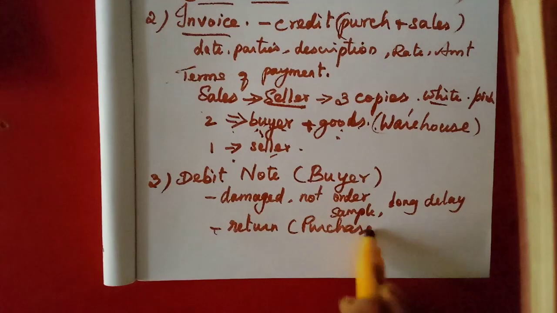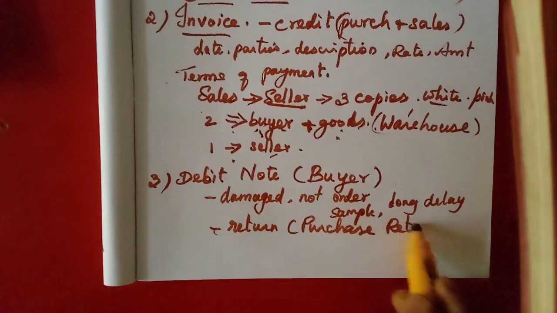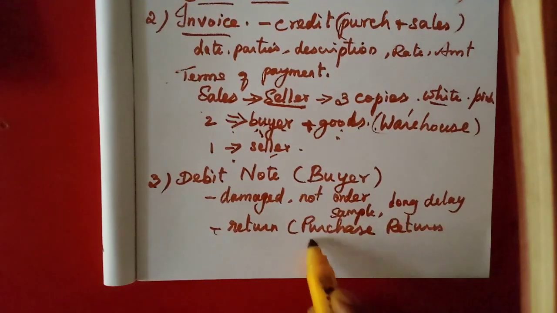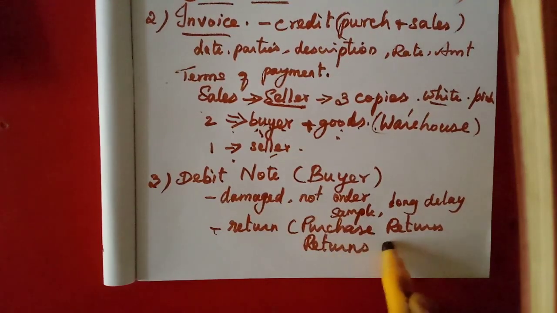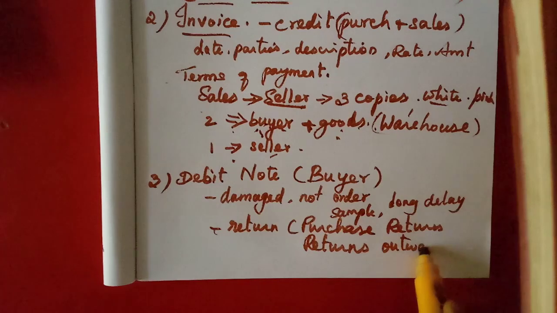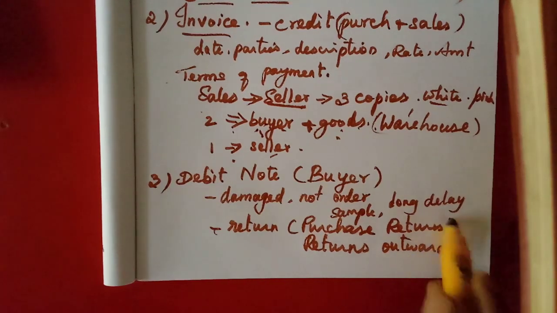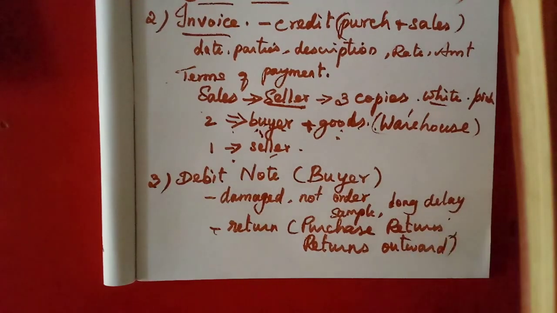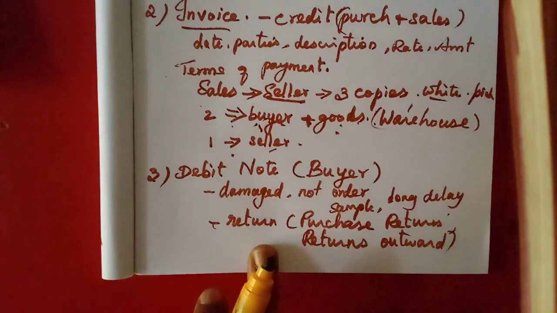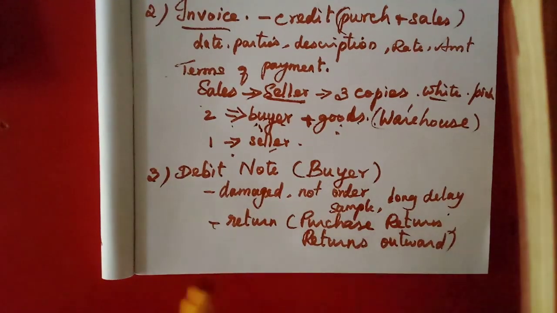We studied in the first lesson, purchase returns are returns outwards. It is going outward, that's why it is called returns outward. These goods are returned to the seller with a debit note.